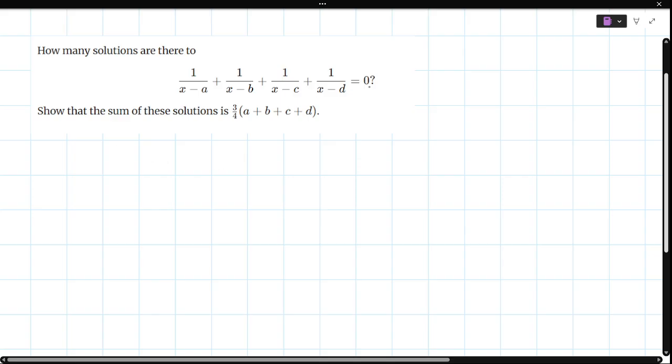Now, there are a few things to notice. The first thing is that we do not know what nature these solutions are. Are these solutions real numbers? Are these solutions complex? In reality, because the question doesn't specify, this is not something that I have to be concerned about.